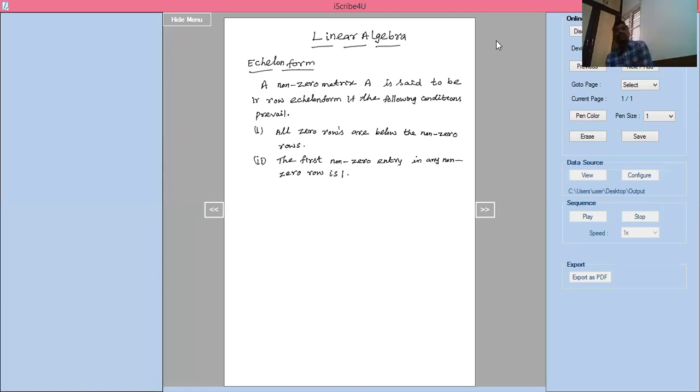These are the conditions for echelon form. First, all zero rows are below the non-zero rows. Second, the first non-zero entry in any non-zero row is 1. For example, I'll give an example here.